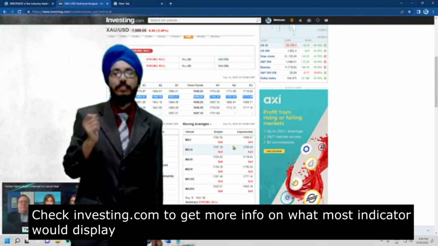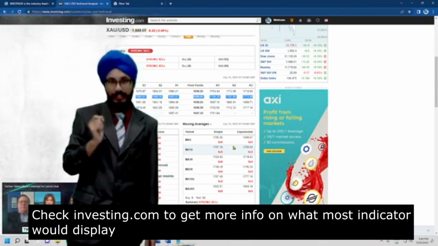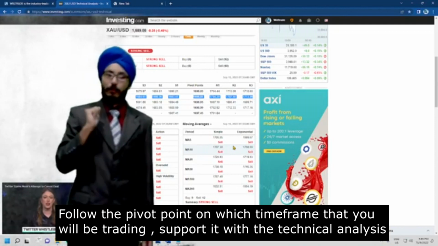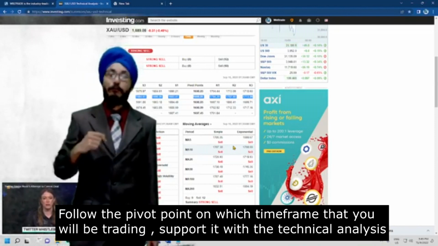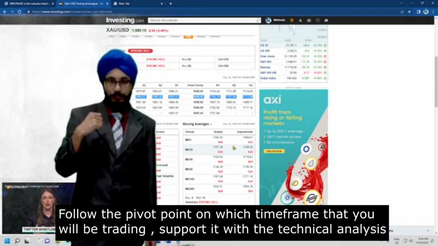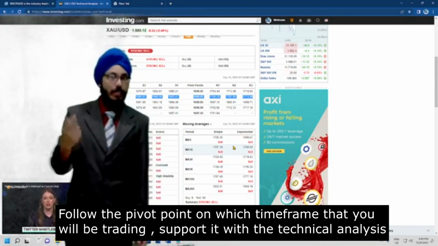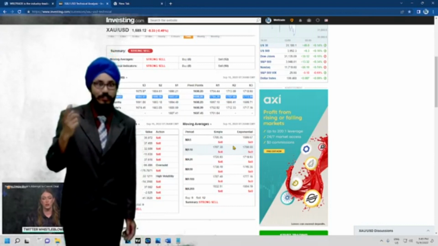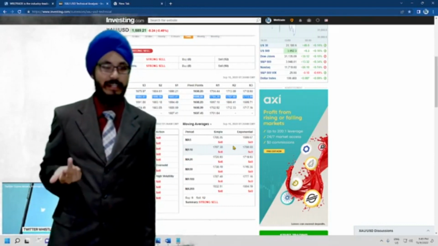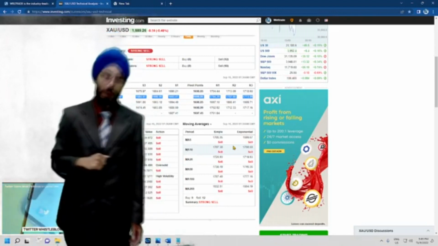So what we could do is go into our entry for a sell, by looking at the resistance points that we have, such as R1, R2 and R3, and later on we can place our sell.